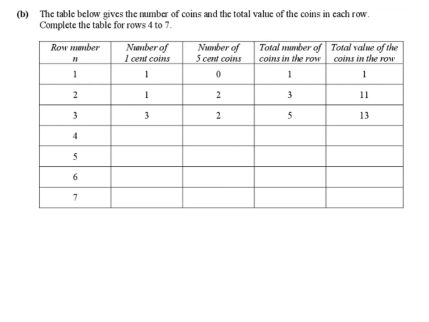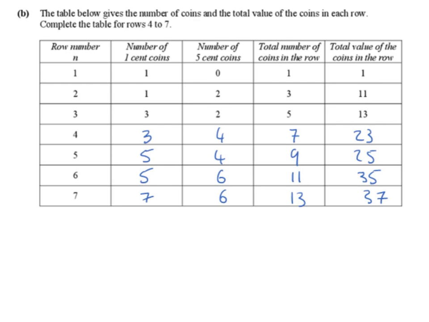B. The table below gives the number of coins and the total value of coins in each row. Complete the table for rows 4 to 7. So, in row 1, the first row, we had one 1-cent coin. We had no 5-cent coins. So the total number of coins in the row was 1, and the total value of coins was 1.